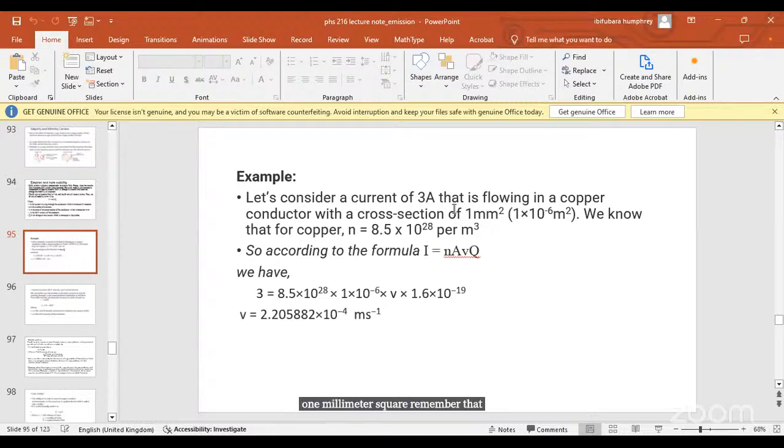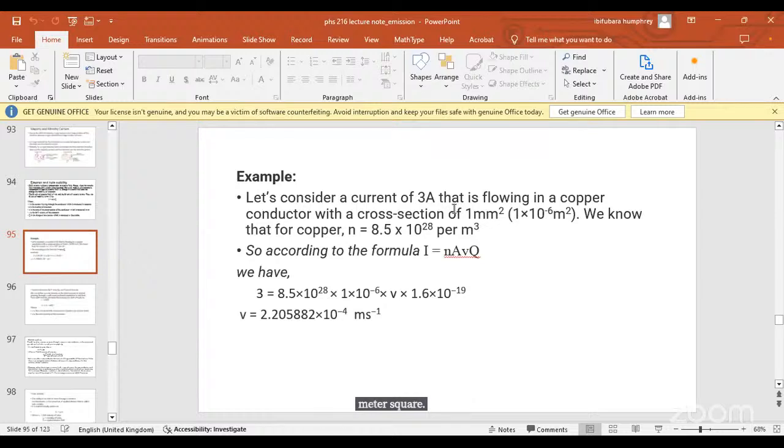Remember, when you are confused about a particular parameter, use the unit to trace it. The unit of area is meter square or centimeter square or millimeter square. Because the other parameters are in fundamental units, we have to convert this also to fundamental unit, and that gives us 1 times 10 raised to minus 6 meter square.